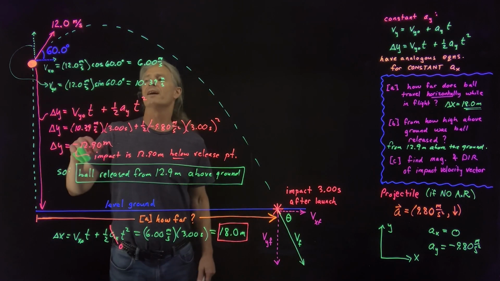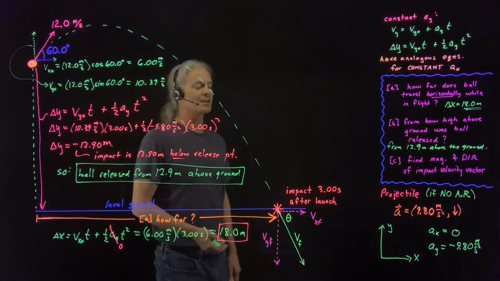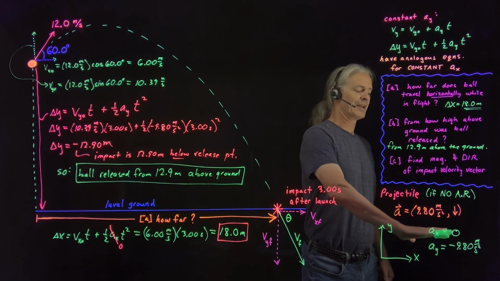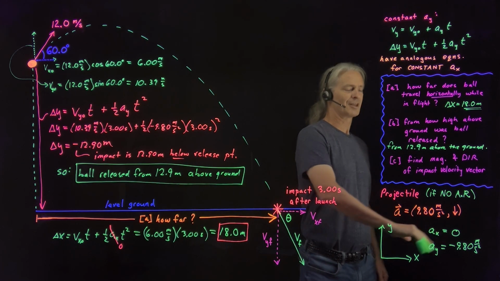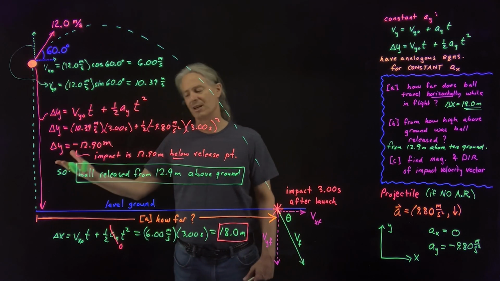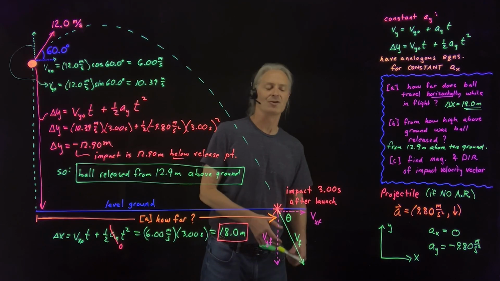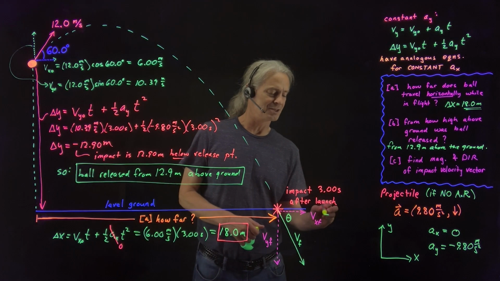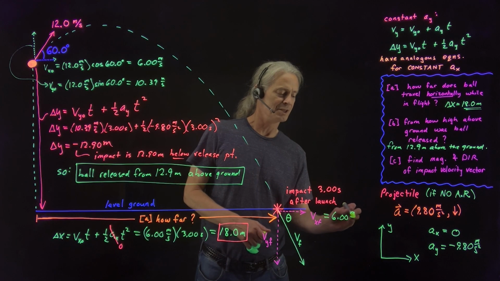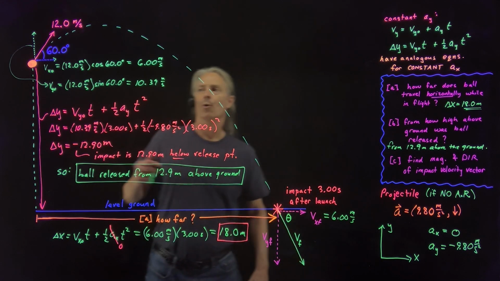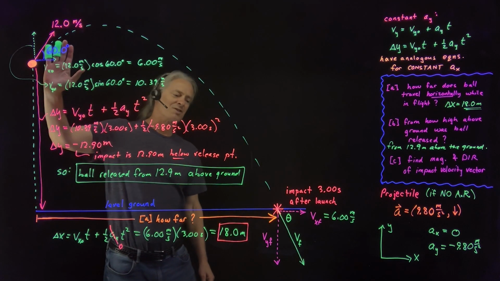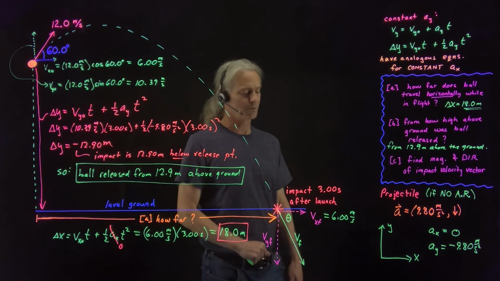We already know that the x component of the velocity 3 seconds after launch is 6 meters per second. Why? Because the x component of motion has no acceleration. If there's no acceleration in a particular component of motion, that means the velocity in that direction isn't changing. So v sub x final is equal to 6.00 meters per second. The horizontal component of the velocity is constant from the instant the ball leaves the hand until the instant the ball hits the ground.